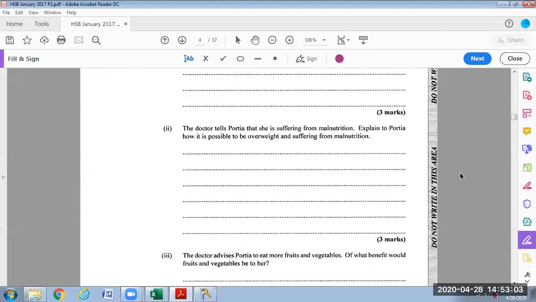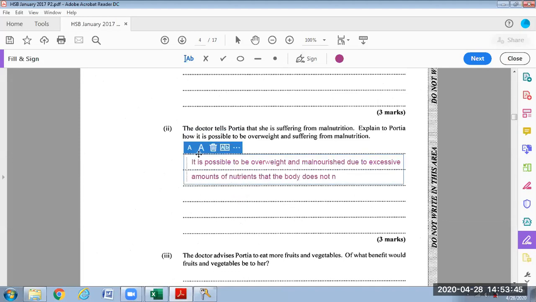The doctor tells Portia that she's suffering from malnutrition. Explain to Portia how it is possible to be overweight and suffering from malnutrition. So malnutrition is when you have too much or too little. So it is possible to be overweight and malnourished due to excessive amounts of nutrients that the body does not need or require.